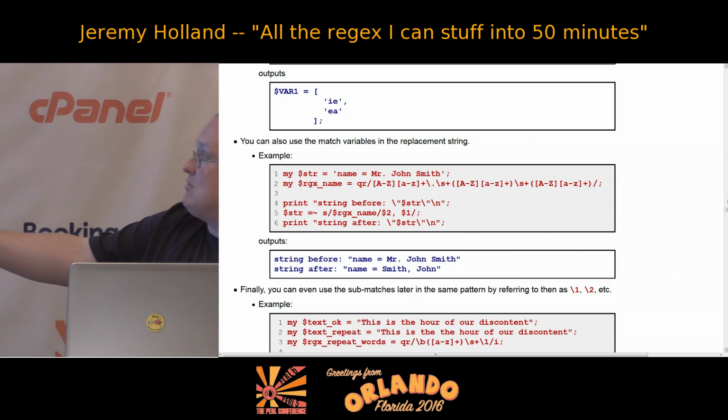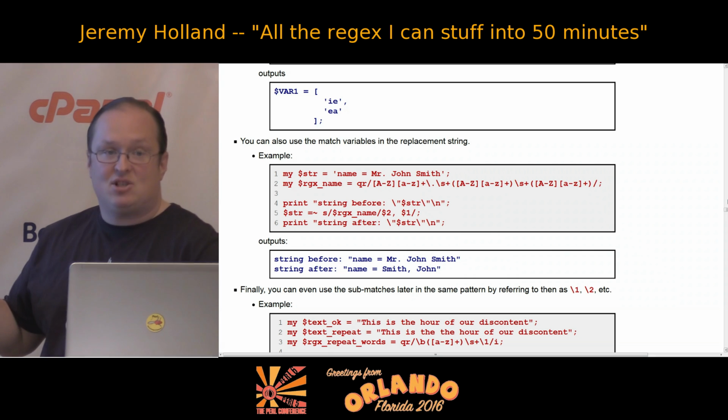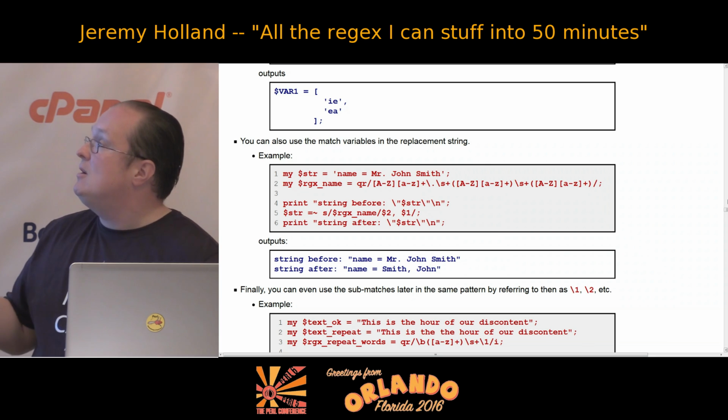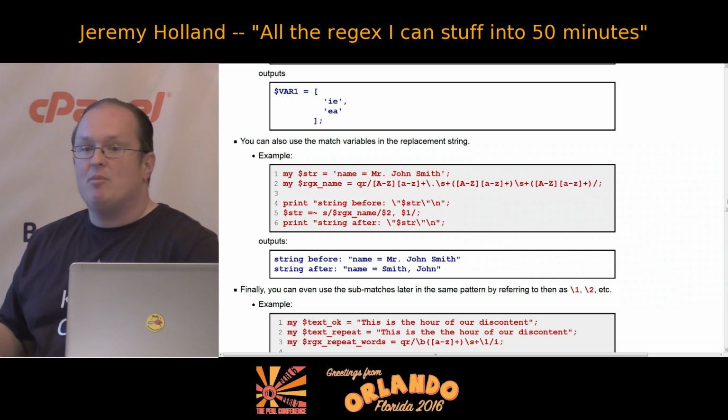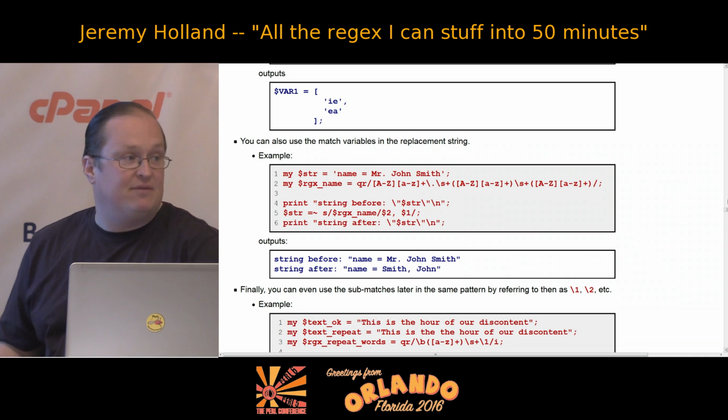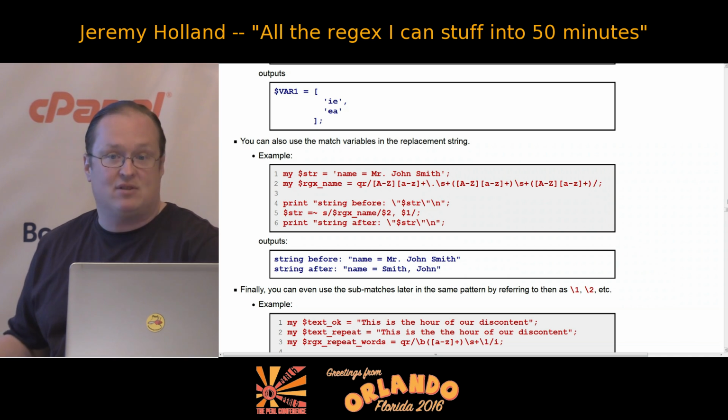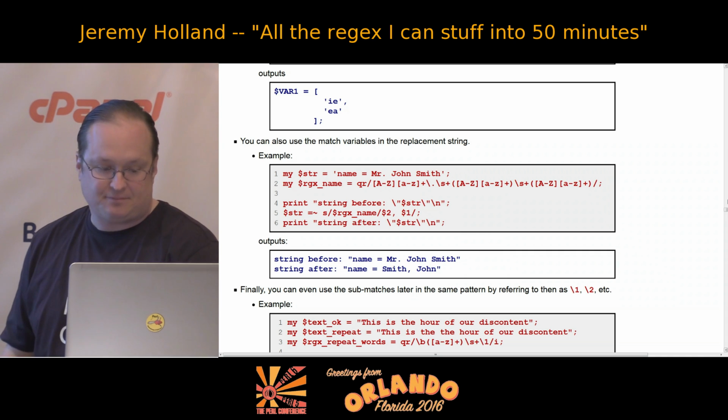Note, the part of the string before where the match started to happen is unaffected by this. Substitution only substitutes for the part of the string which it matched. If there are other parts of the string before or after, they're left untouched.